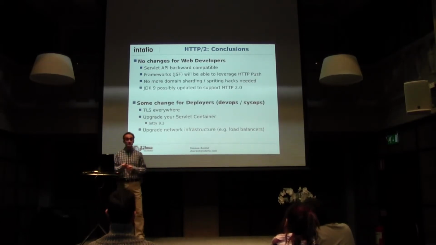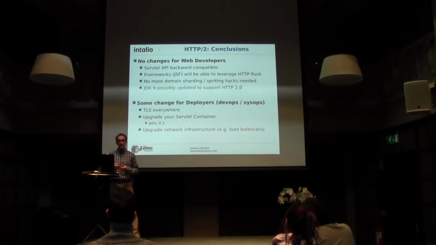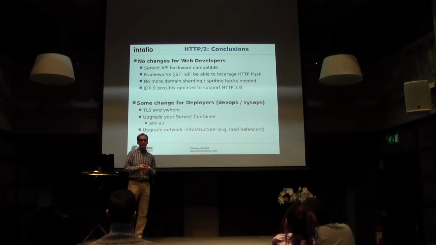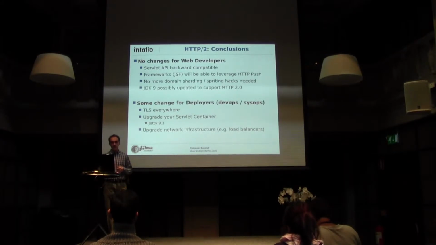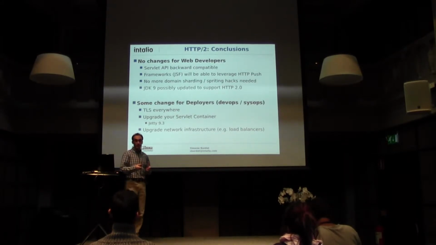We do have some changes for deployers, though. Deployers, the guys that actually put this stuff online, they will have to use TLS everywhere. They will have to buy certificates. They will have to upgrade the server container, for example, in our case, to Jetty 9.3, which is the version of Jetty that supports HTTP2. You will have to upgrade your network infrastructure.